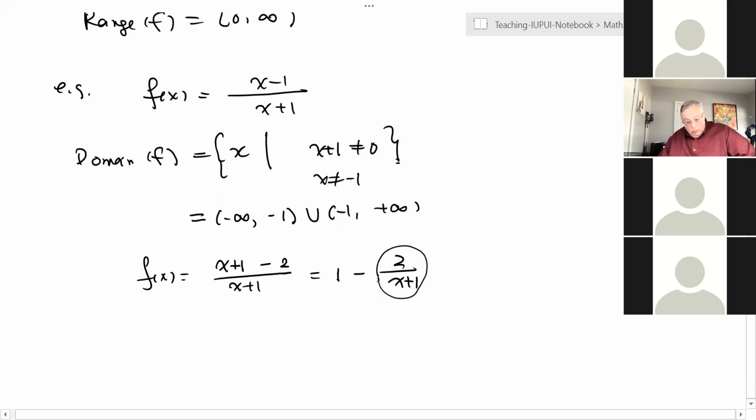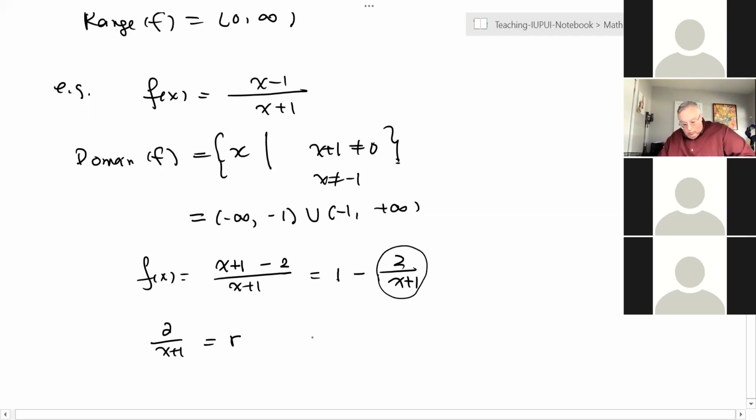This is a number, okay? This number is never 0, but it can be any number which is not 0. Okay, this 2 over x plus 1 can be any number except for 0, right? Let's say any real number. Why?